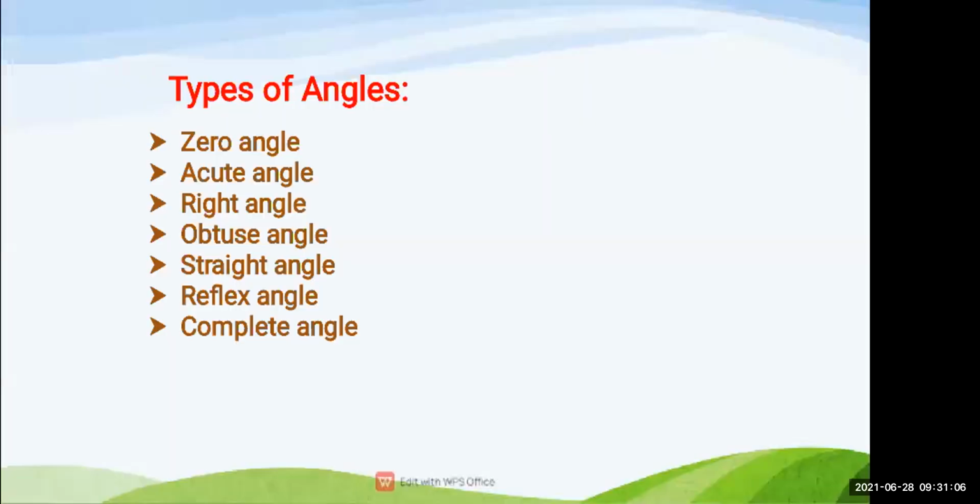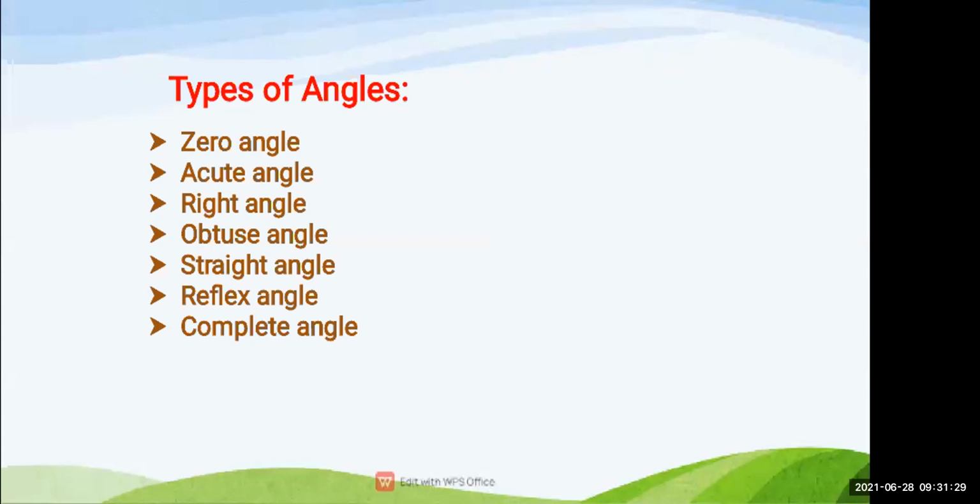Okay. Now we are going to learn the different types of angle. First, zero angle, acute angle, right angle, obtuse angle, straight angle, reflex angle, and complete angle.